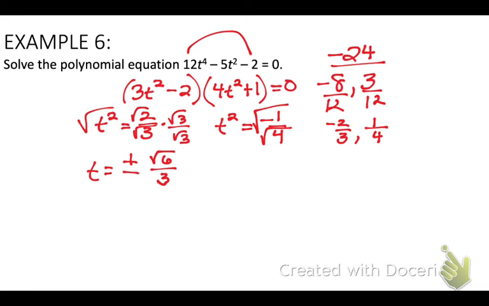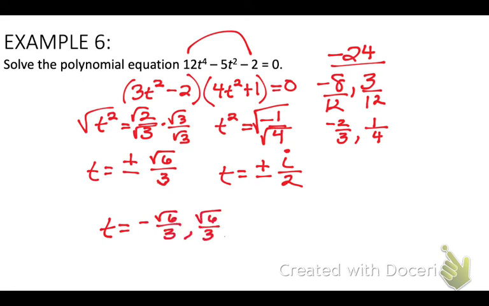The square root of 4 is 2. So we get t is equal to plus or minus i over 2, or half an i. So my 4 solutions are negative root 6 over 3, positive root 6 over 3, negative i divided by 2, and positive i divided by 2.